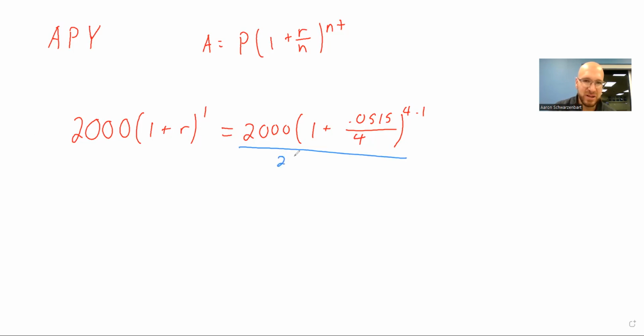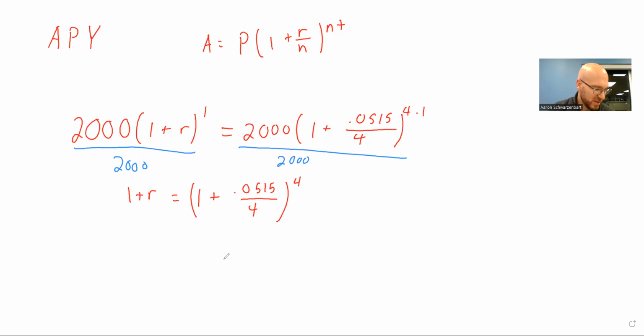And I usually don't even bother to write it. But my 2,000, my amount doesn't matter. It just divides out. And I'm left with 1 plus R, I don't need to the first power, equals 1 plus 0.0515 over 4 to the 4th.